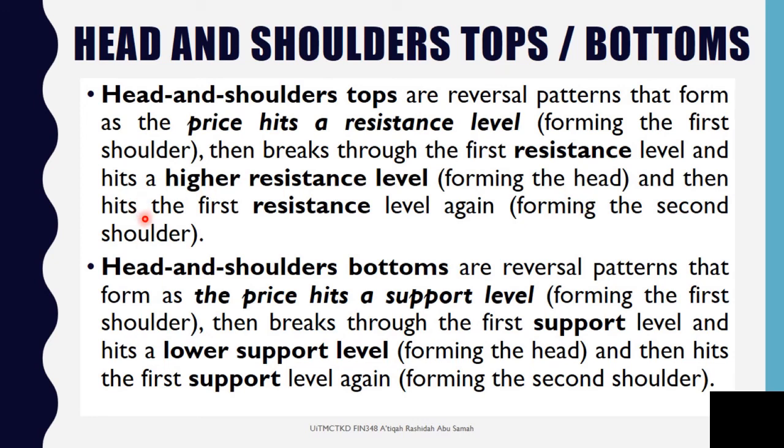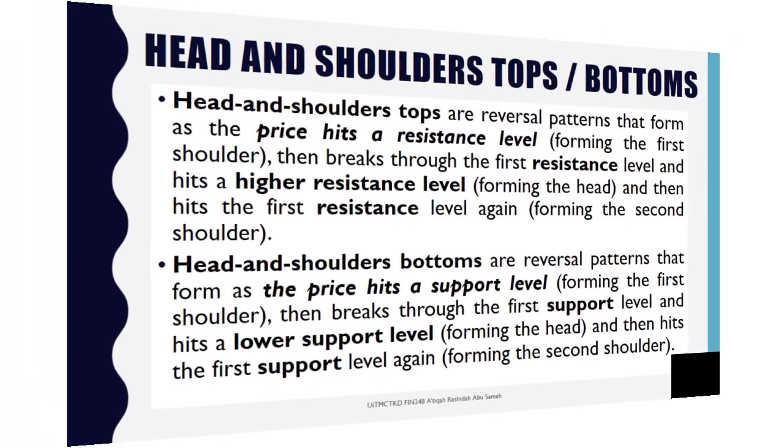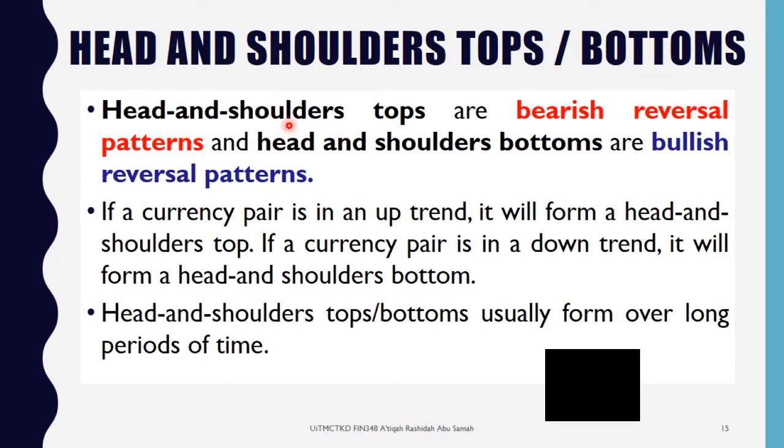And then it hits the first resistance level again, forming the second shoulder. Vice versa for the bottom. For the top, we call it a bearish reversal pattern, same as with the double and also triple tops, while bottoms, we call bullish.